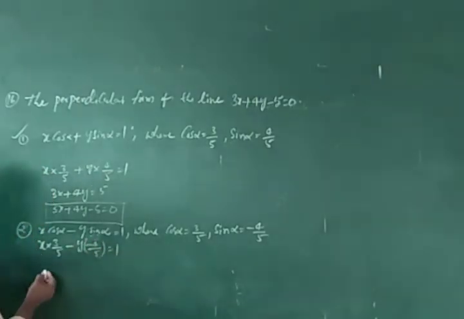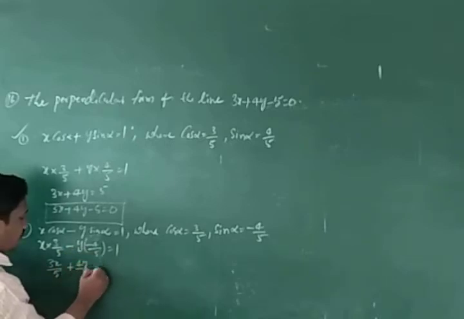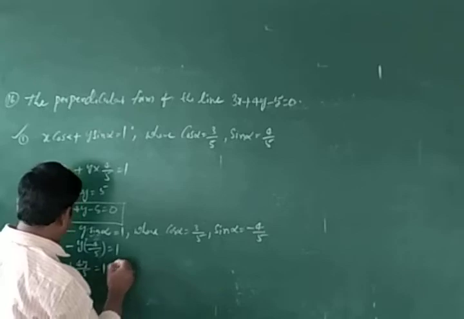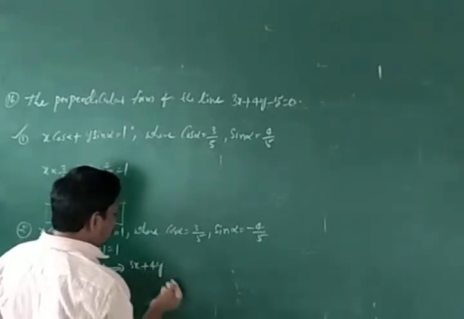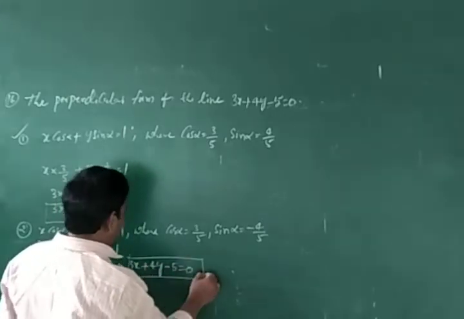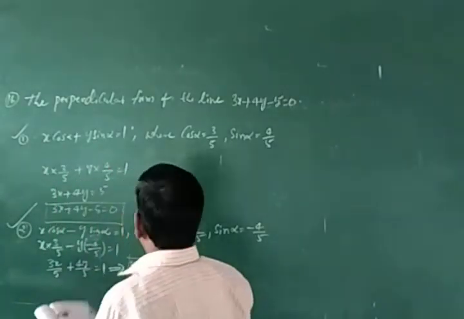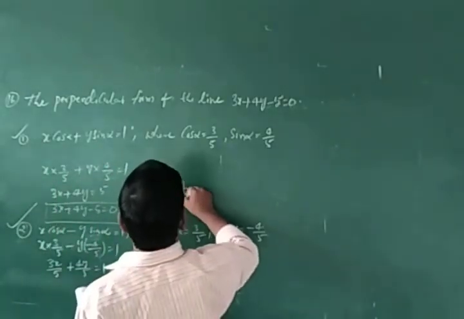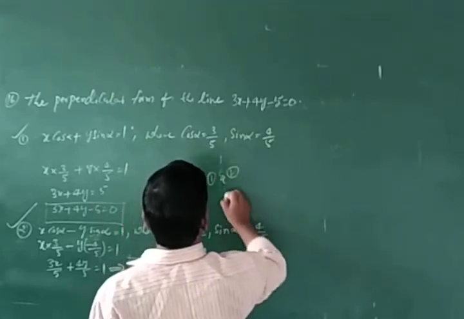Minus into minus is plus, so 3x plus 4y by 5 equal to 1. Then the equation is 3x plus 4y minus 5 equal to 0. So both are correct. This is a multi-correct answer, options 1 and 2.